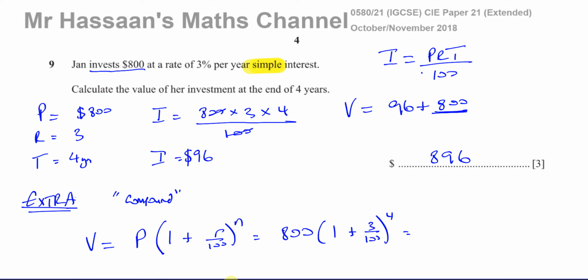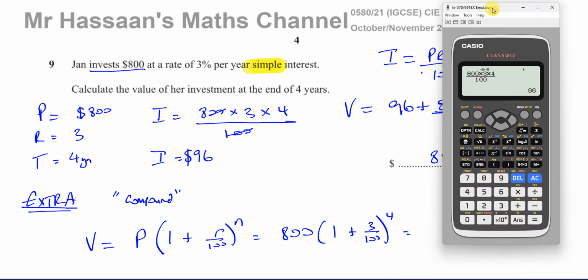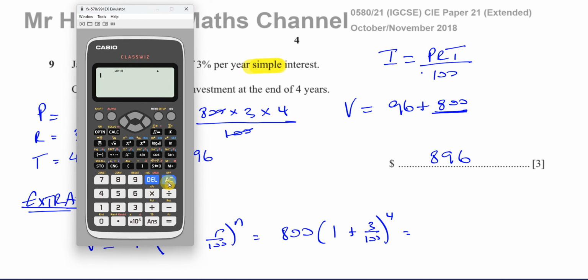This will give us a different answer because it's not the same type of interest. It will actually give you a bigger answer in most cases. 800, times 1 plus 3 over 100, all to the power of 4.